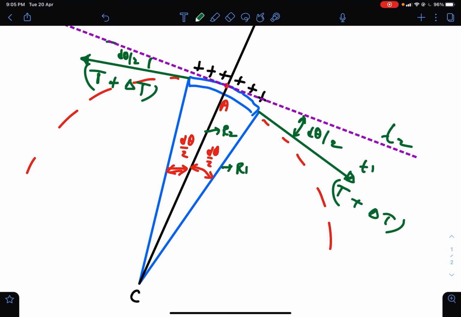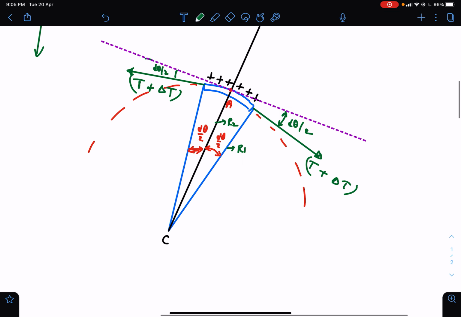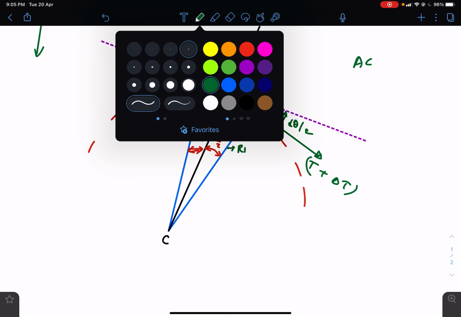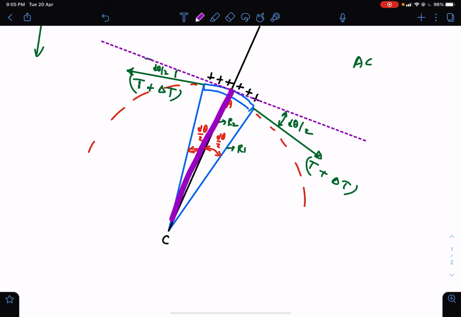If the radius makes a d theta by 2 angle, the corresponding tangent also makes a d theta by 2 angle. Now, what is the component of this tangent force towards the center? Towards the center means towards the line AC.